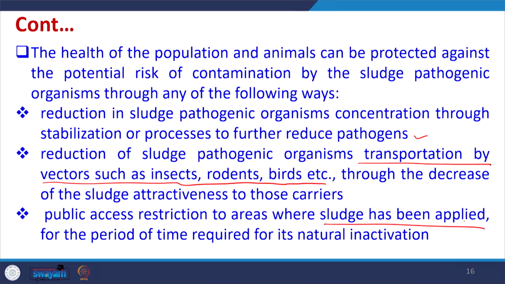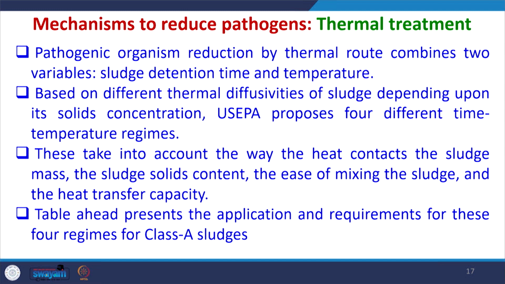Then public access restriction. So, we should restrict the public access to areas where sludge has been applied for the period of time required for its natural inactivation. So, through these measures we can take care of it, and the potential risks should be reduced as much as possible.